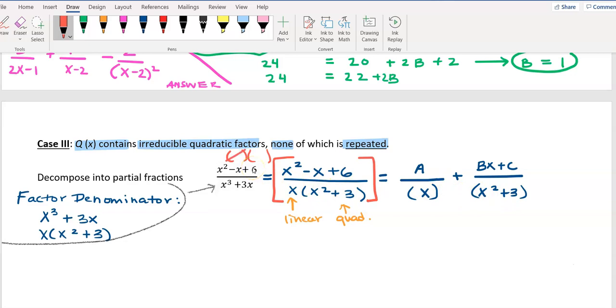So they'll cancel on the left. The x would cancel with the x, the quadratic term would cancel with the quadratic factor. And then we're also going to multiply on the right, because what you do to one side, you must do to the other. So we're going to multiply by our factor x and our quadratic factor x squared plus 3.